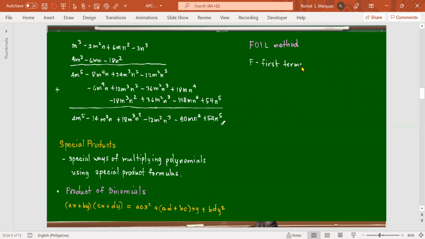You multiply the first terms. O is Outer, outer or outside terms. I is Inner terms. What about L? Last. Last terms. Okay?